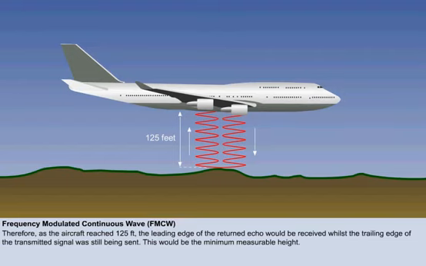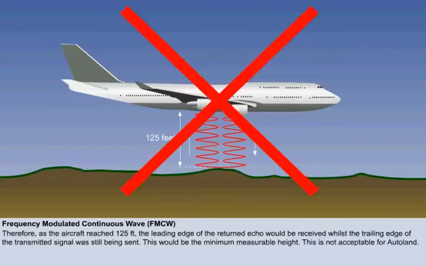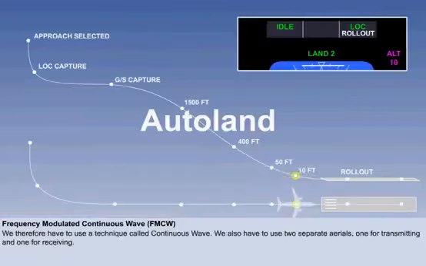This would give us a minimum measurable height of 125 feet. This is no good to us. The auto system needs to receive the signal to initiate a flare right down to 10 feet. Pulse radar is not suitable.